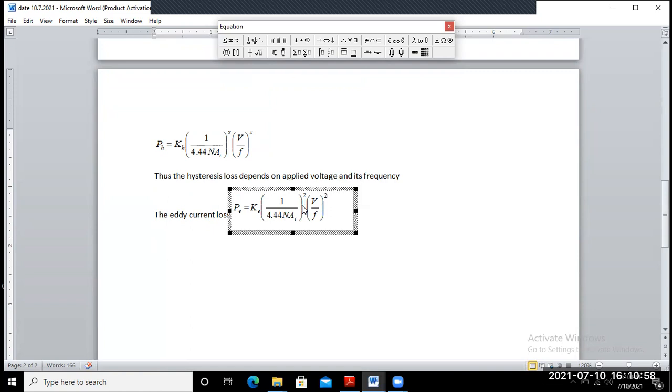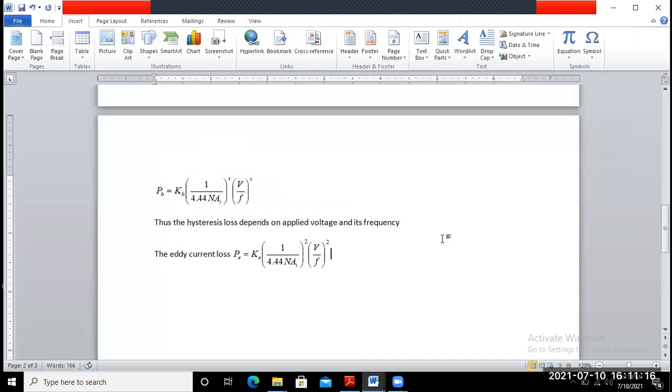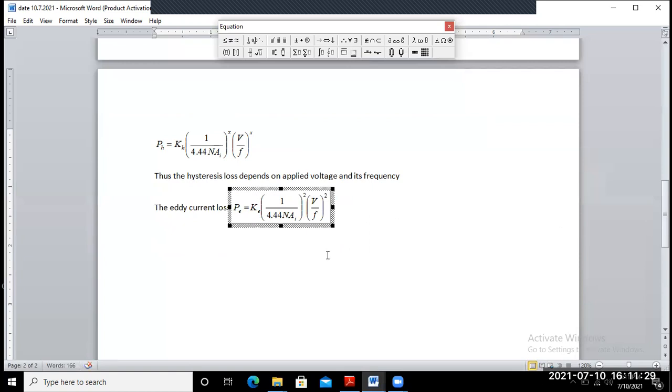So f square is already here, and this f square and f square are cancelled out.